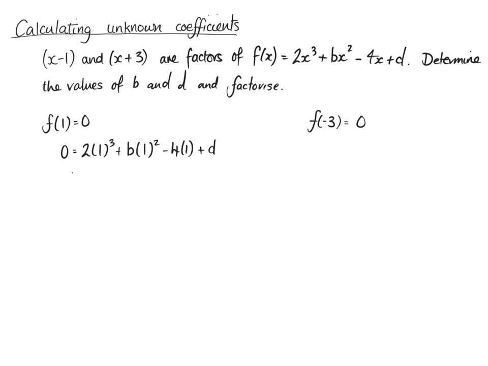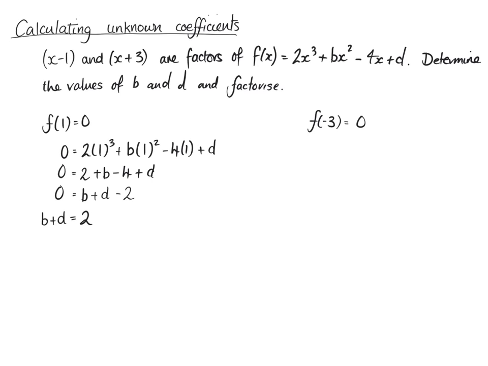So we'll follow this one through first. So we get 2 plus b minus 4 plus d equals 0. So we have b plus d minus 2 equals 0. Or b plus d equals 2 if we move the 2 to the other side, because that's how we're most familiar with our simultaneous equations looking.